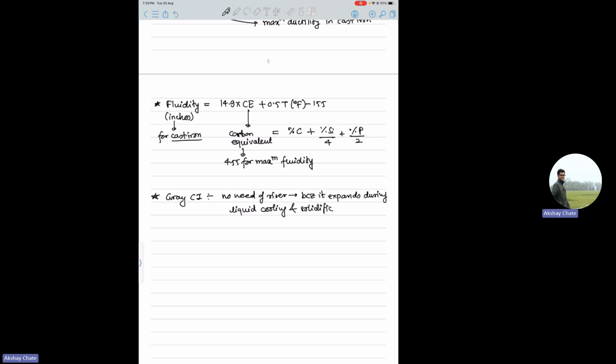When we studied casting allowances, we studied grey cast iron as a special case because of this property.